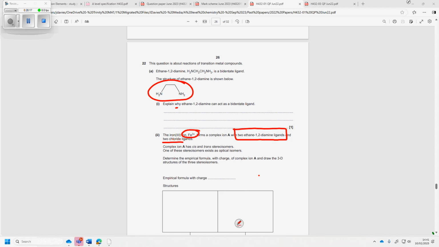That is cis-trans isomerism in octahedral structures. This looks exciting and interesting. Complex ion A has cis-trans stereoisomers. That's what we've just been discussing. One of these stereoisomers exists as an optical isomer.